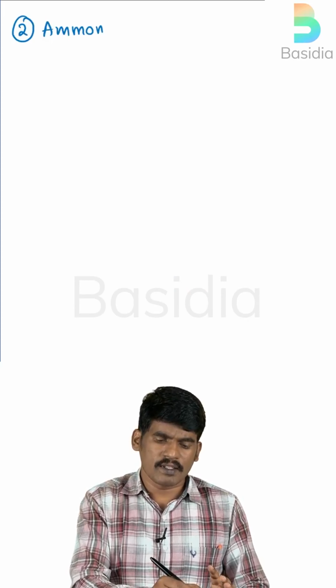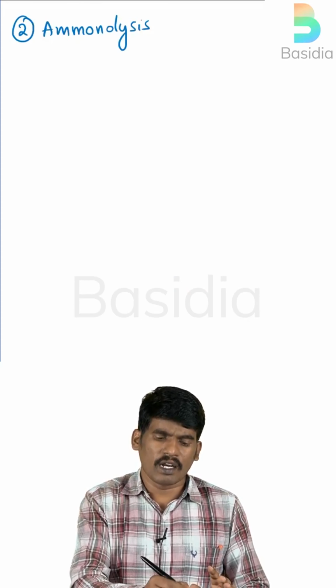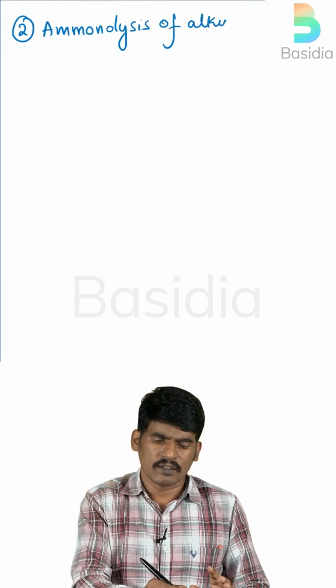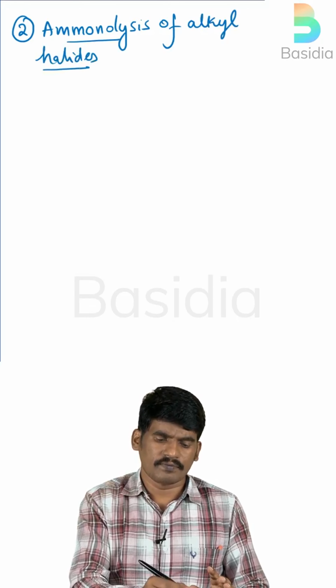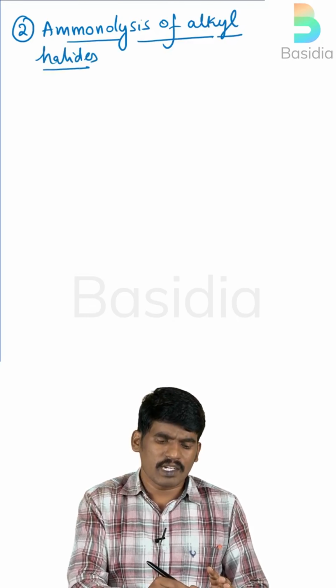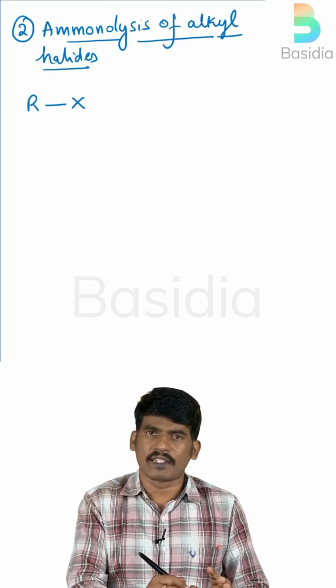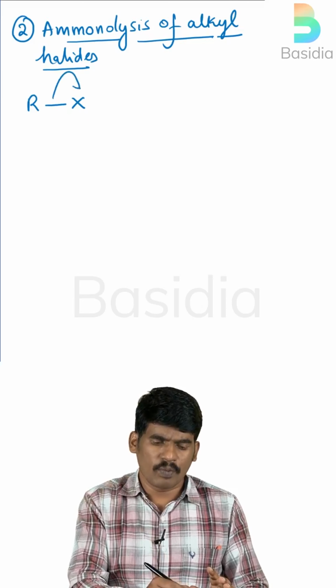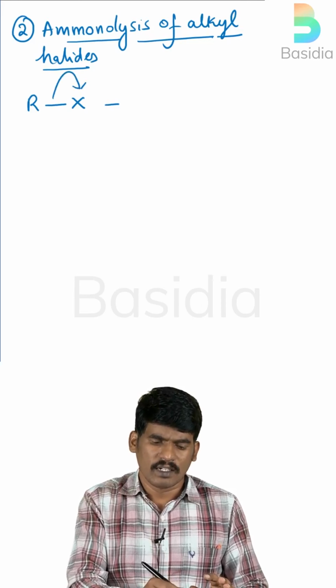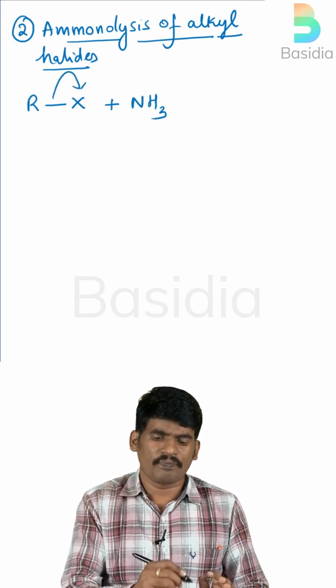And the second preparation method is ammonolysis of alkyl halides. Alkyl halides, what is the general formula? RX. X is most electronegative and its bond can be polarized towards X. And we have ammonia.